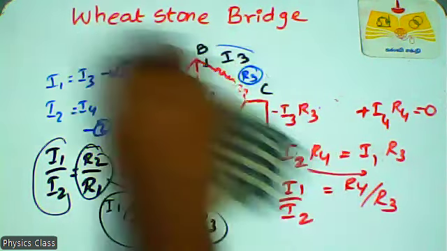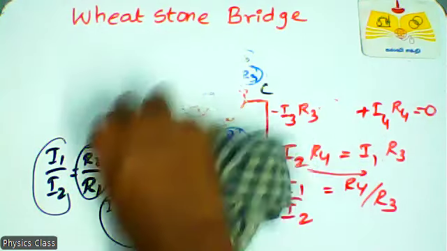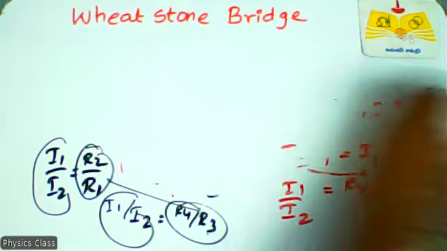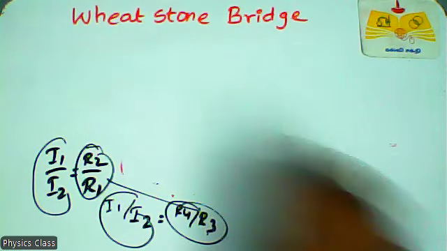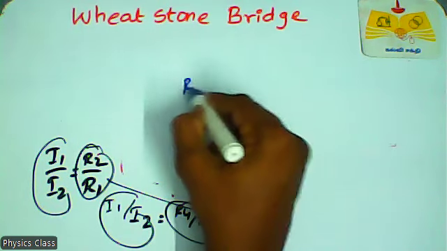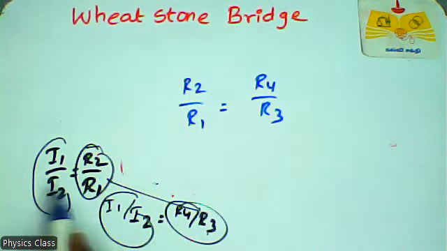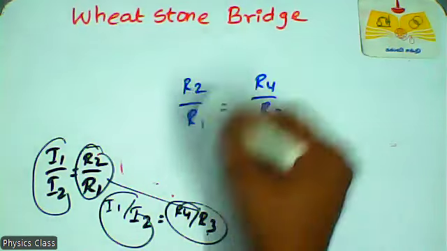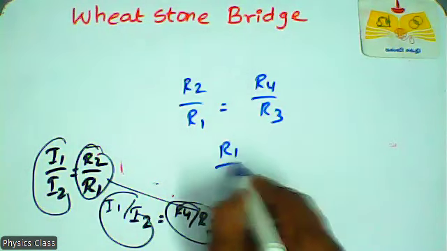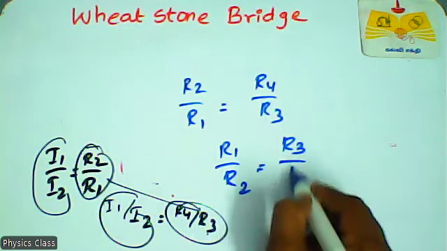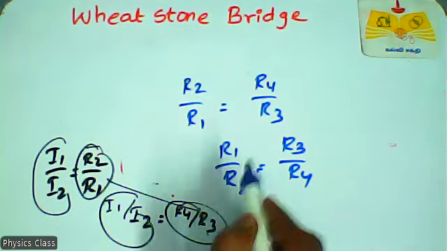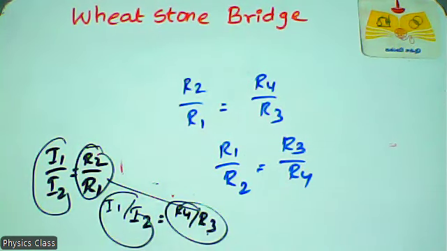Taking the reciprocal of this equation, we get R1 by R2 equal to R3 by R4.